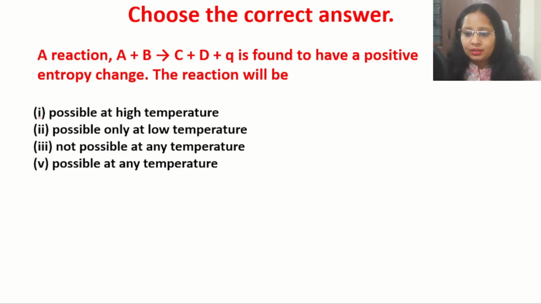Now, here there are 4 points that they are checking, the possibility of the reaction. So how do we check the possibility of reaction? By the spontaneity of the reaction.